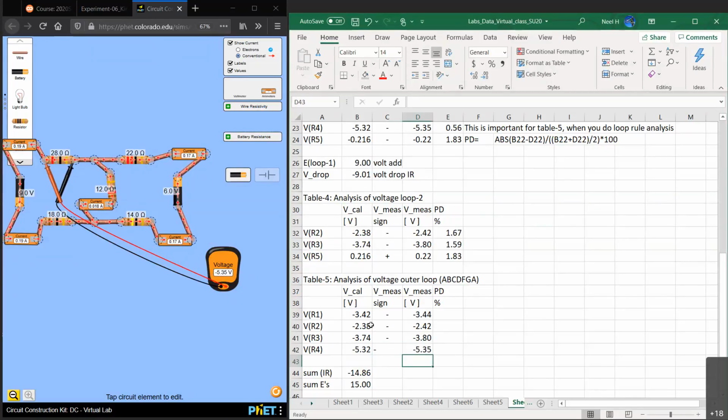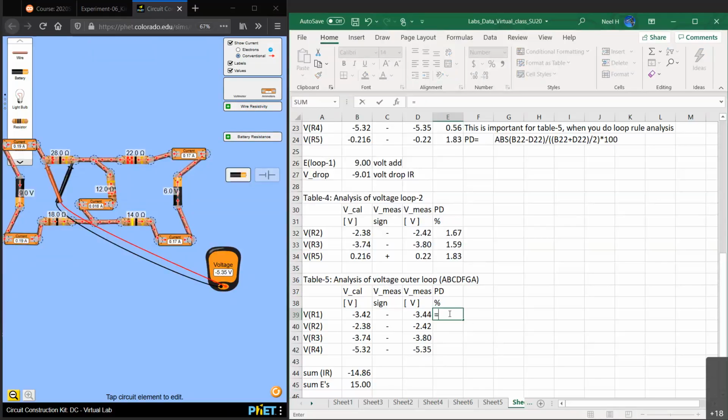Okay, you can see slightly different numbers on the second decimal place. That reason is only because of our rounding error. Otherwise, there should not be any errors in these measurement values. Let's do the percentage difference.